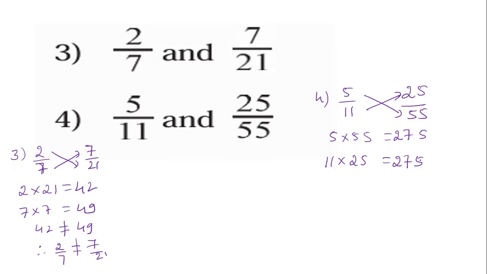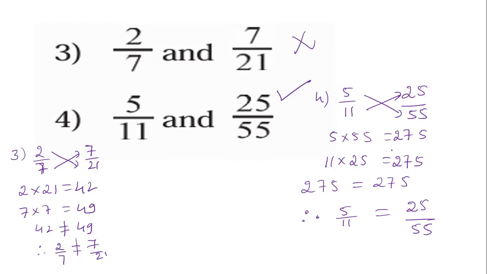This is 275. 275 is equal to 275. Therefore, 5 by 11 is equal to 25 by 55. This is an equivalent fraction.